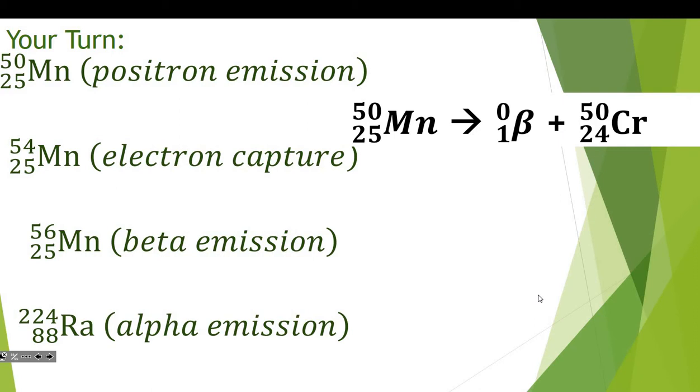Doesn't matter which we use. Like that. And then that's going to equal 54 plus 0 is 54 on top. And 25 minus 1 is 24. Then you look on the periodic table and find number 24.